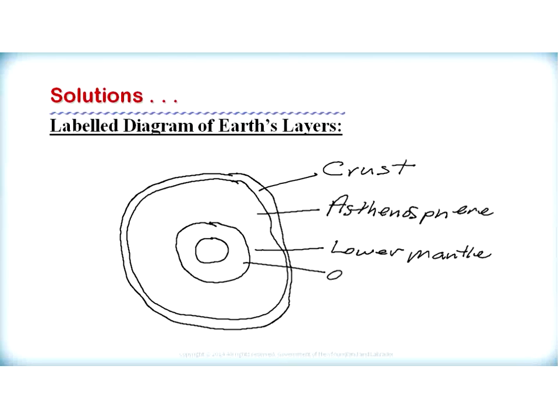Followed by the outer core, and finally the inner core. Also, you should note, in between the crust and the mantle region itself, there is a boundary, which we call the Moho.